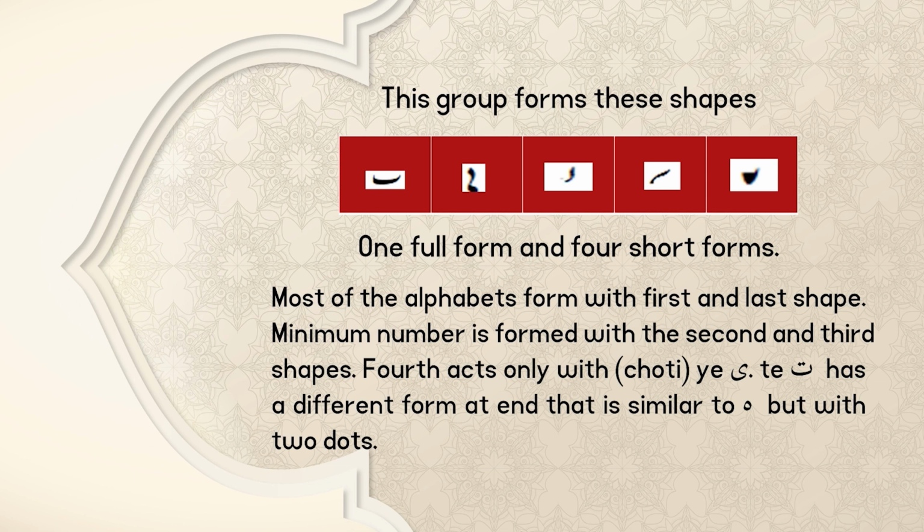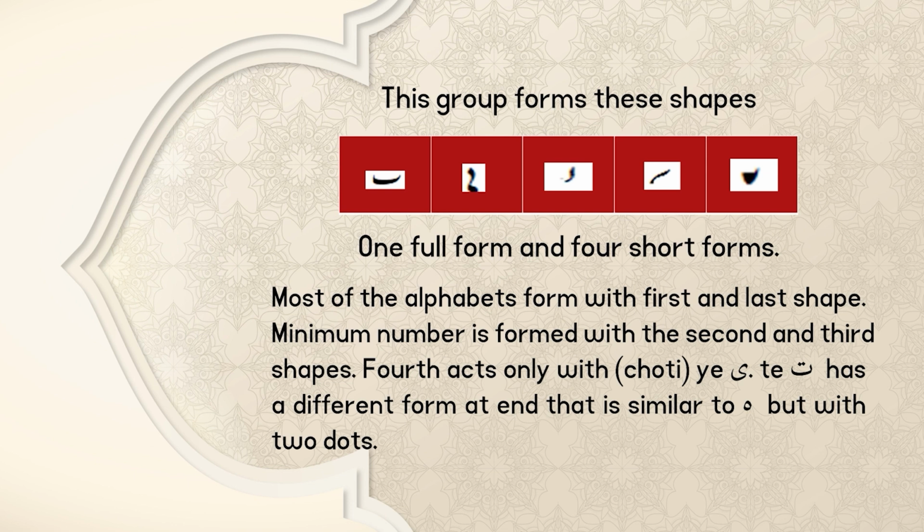Most of the alphabets form with the first and last shape. A minimum number is formed with the second and third shapes. The fourth acts only with choti ye. You can see it from right to left.